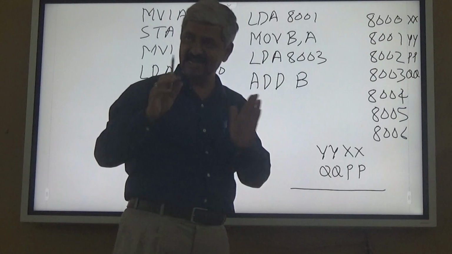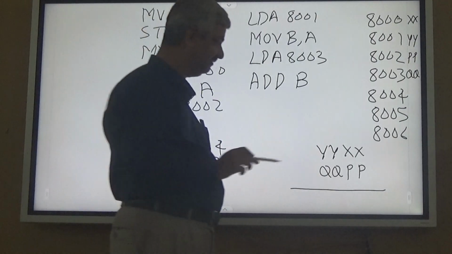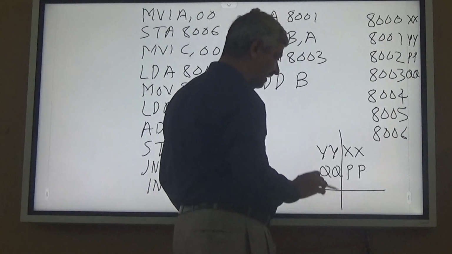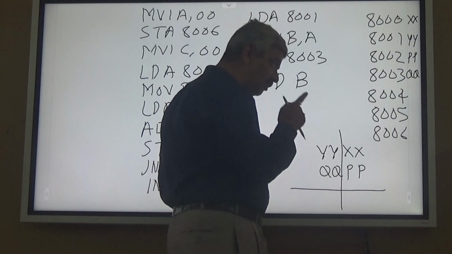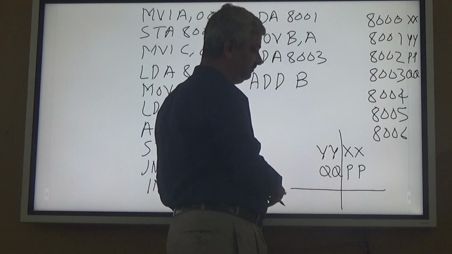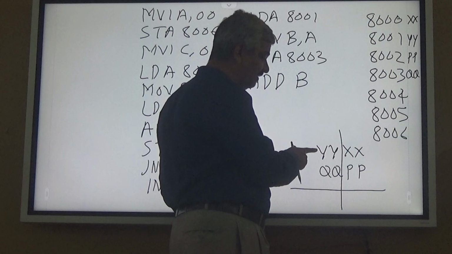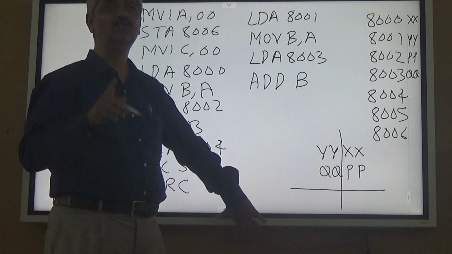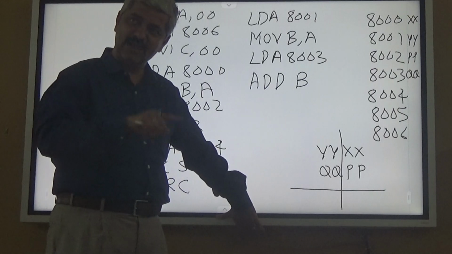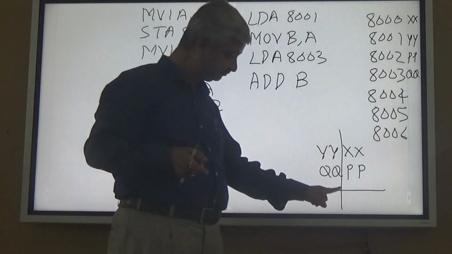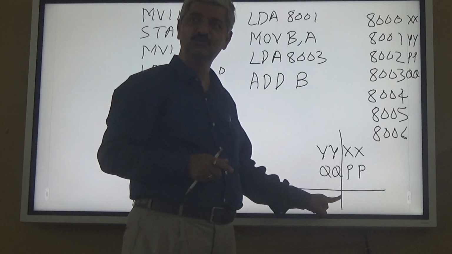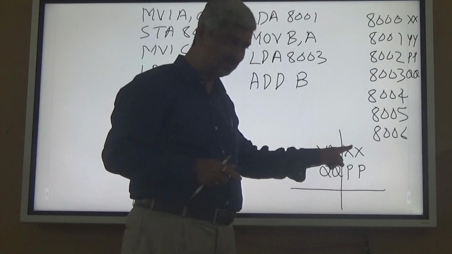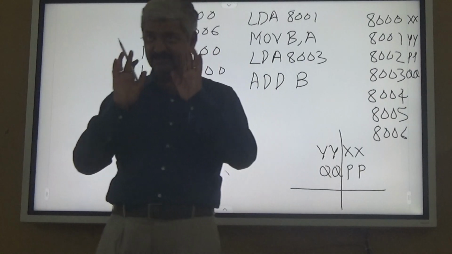So XX and PP you add directly. And you are not supposed to just add YY and QQ; you are supposed to add YY and QQ only if there is no carry in the addition of the lower byte. Listen very carefully.